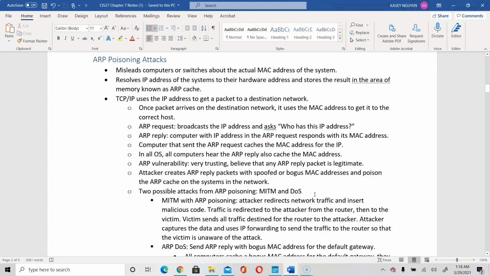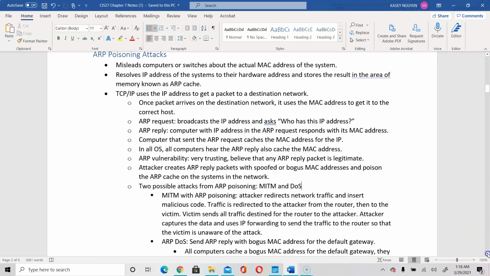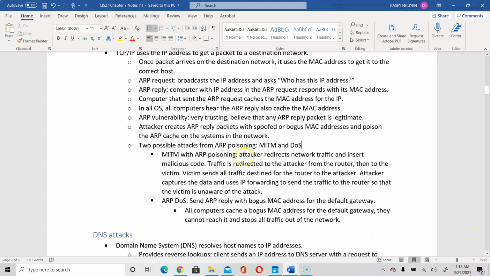With man in the middle, the attacker redirects the network traffic with malicious code, and the traffic is redirected to the attacker from the router. When the victim sends all the traffic destined for the router, it is routed to the attacker, and the attacker captures the data using IP forwarding and sends the traffic on to the router so that the victim is unaware of the attack.